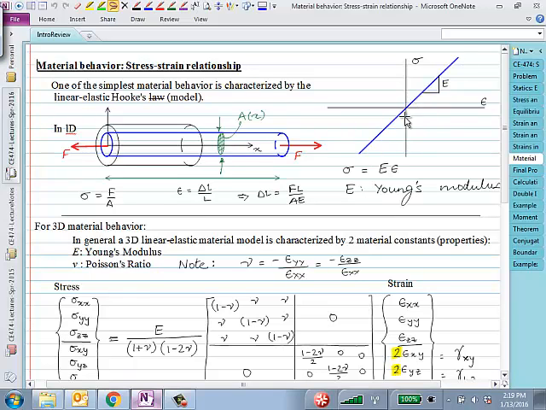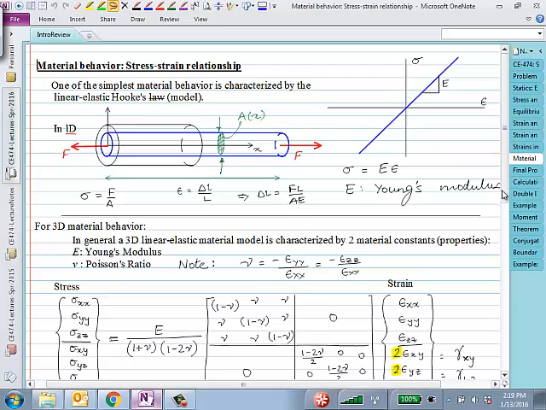For linear elastic materials, we get that amount of extension using the Young's modulus. Hopefully you all remember this simple relationship: stress is force divided by area. If we take the average strain, that's delta L over original length, which combined with Hooke's law, stress equals Young's modulus times strain, you immediately get that the change in length is F times original length L divided by area of cross section and Young's modulus.